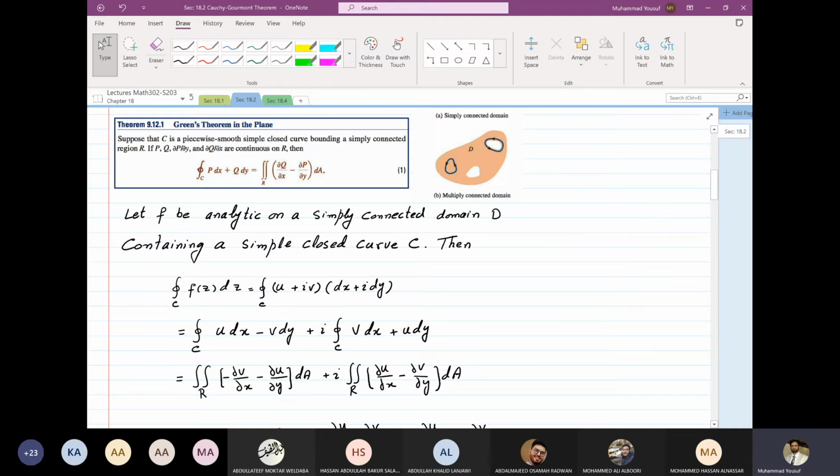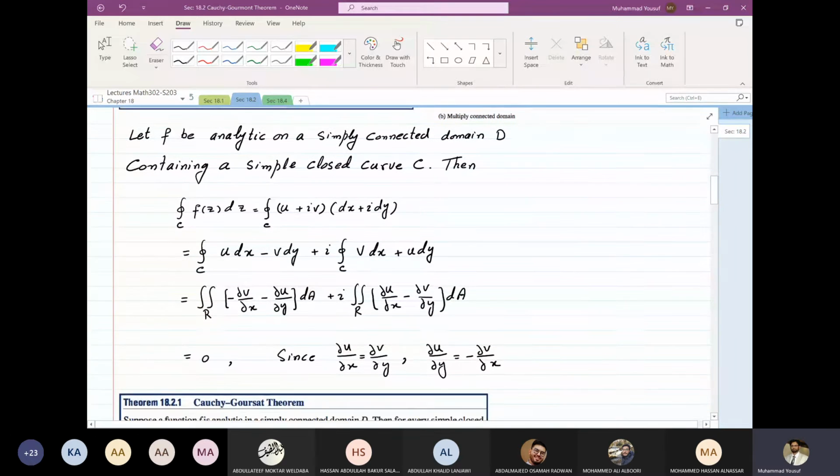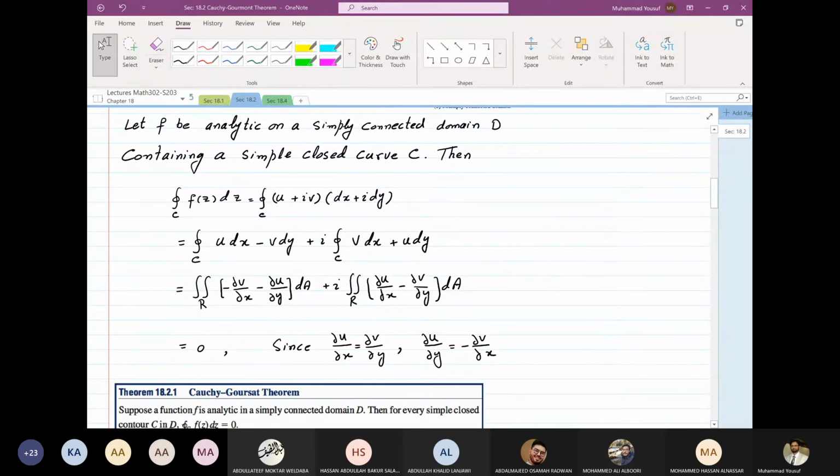Anyway, what is the use of this Green's theorem in the complex sense? Here it is. Let f be analytic on a simply connected domain D containing a simple closed curve C. So this closed curve C is inside this domain D, and D is simply connected.